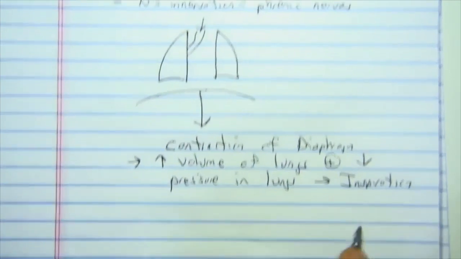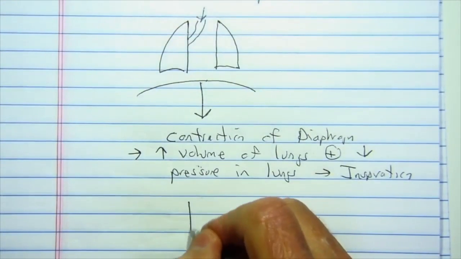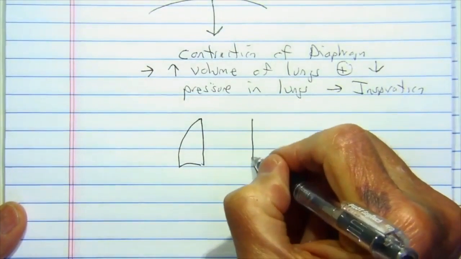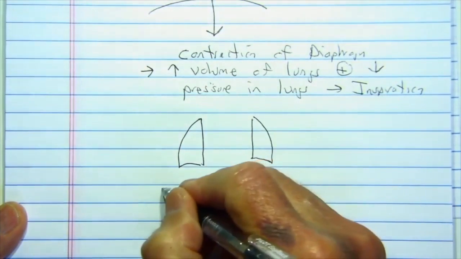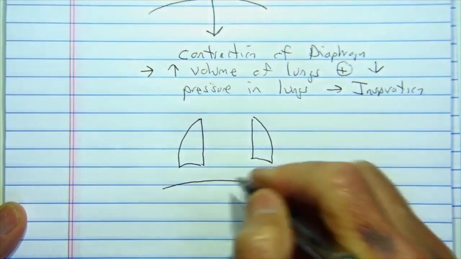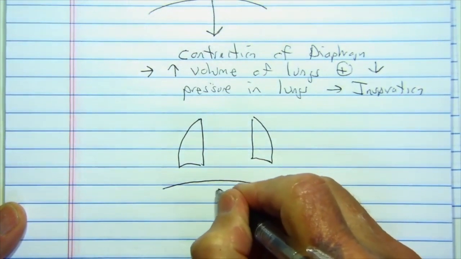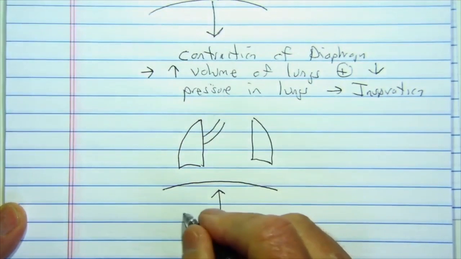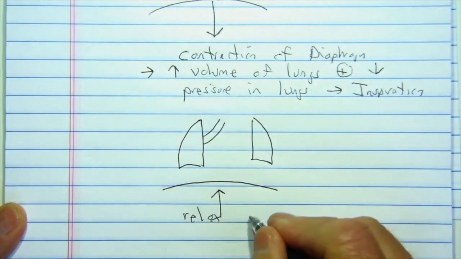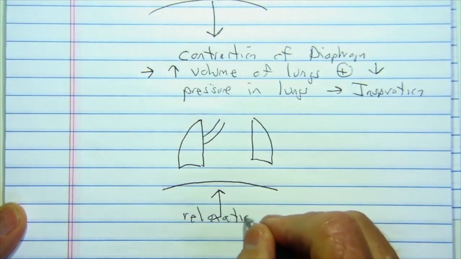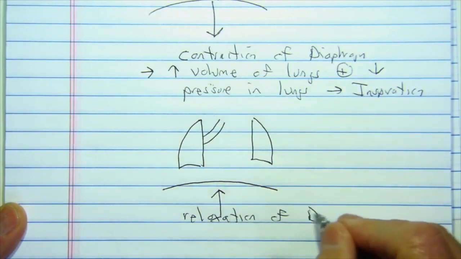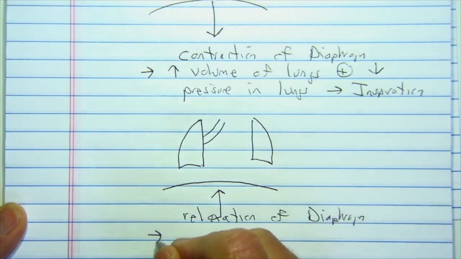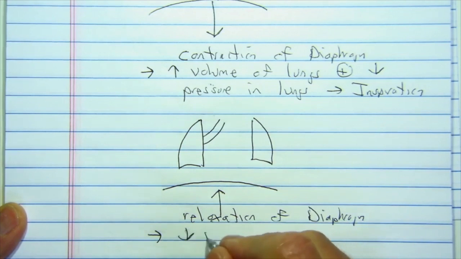Just the opposite of that. Here's my lungs again. The lungs are sitting on top of the diaphragm. But now the diaphragm is going to relax. I've still got my bronchus coming in. So when I relax the diaphragm, relaxation of the diaphragm is going to lead to a decreased volume of the lung.